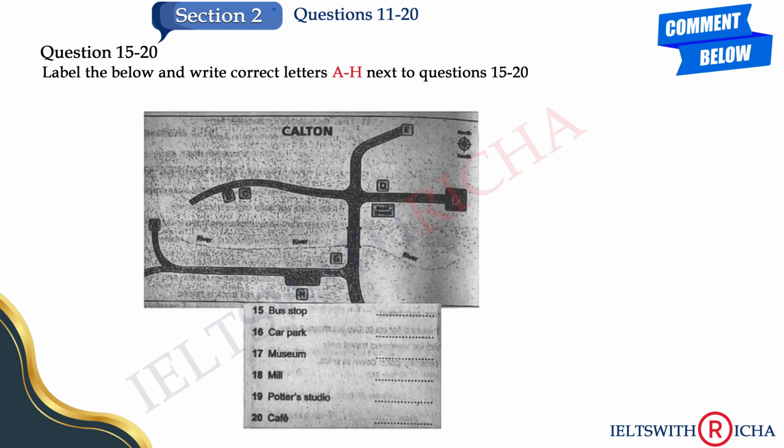Then go straight on and then take the first turning on the right. This leads straight there. If you're interested in arts and crafts, there's a potter's studio where you can watch the artist at work. After crossing the bridge, turn left, and it's the second building on the left. Finally, when you feel in need of refreshments, there's a cafe opposite the old boathouse and a picnic area near the mill.